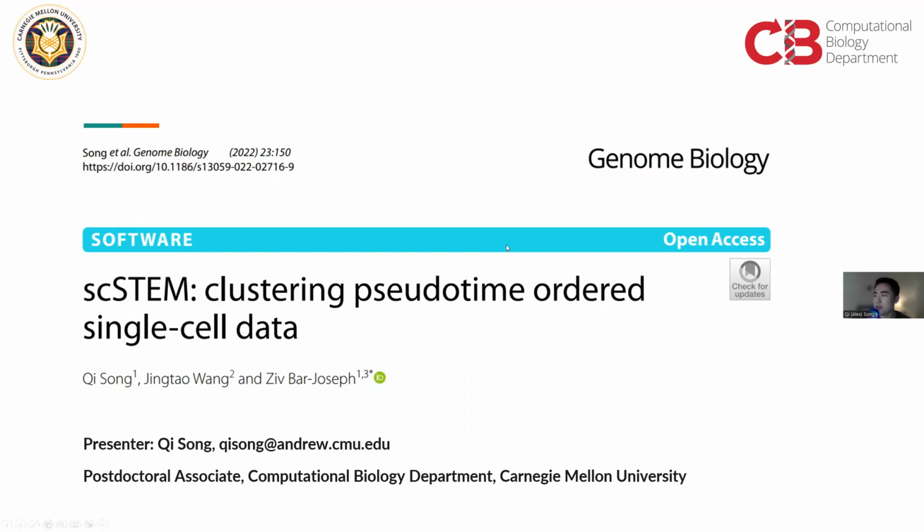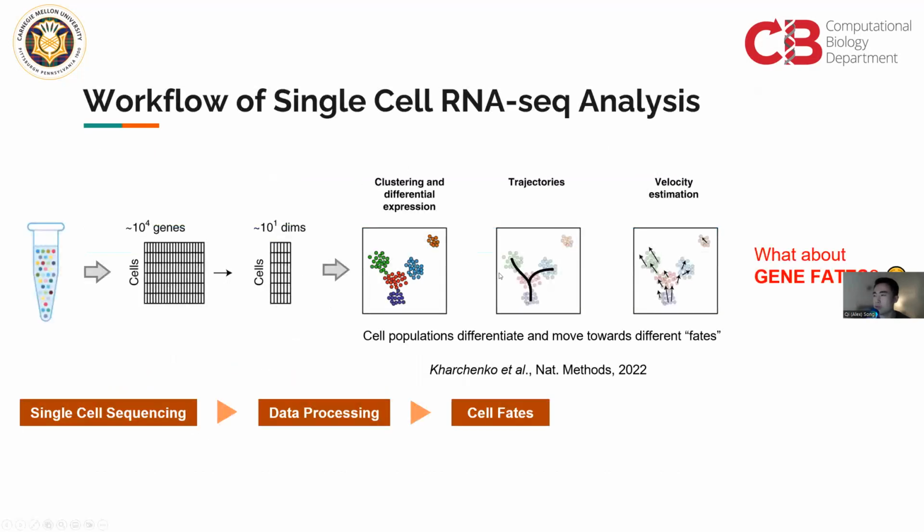To begin with, I would like to show you this slide, which shows the workflow of regular single-cell RNA-seq analysis. Usually you build a gene expression matrix where the rows represent the cells and the columns represent the genes from the raw sequencing data.